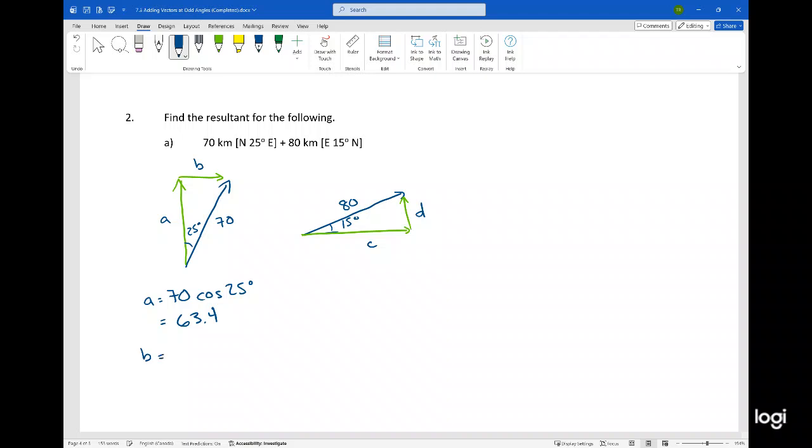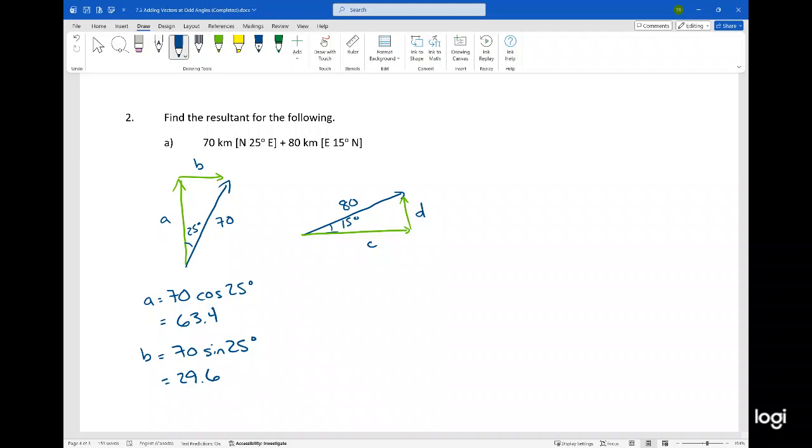And B is opposite, so it's going to be 70 sine 25. And that gives us 29.6. And again, I'm going to just quickly look at it and make sure that it at least kind of makes sense. A should be the longer one, B should be the shorter one, and worst case scenario, we got them backwards. We still have the right two numbers. It's just we reversed A and B.